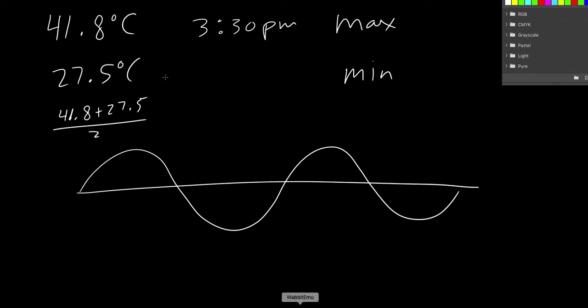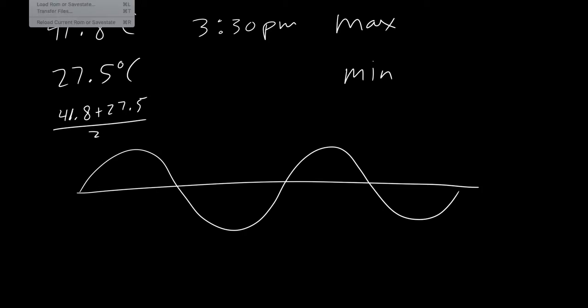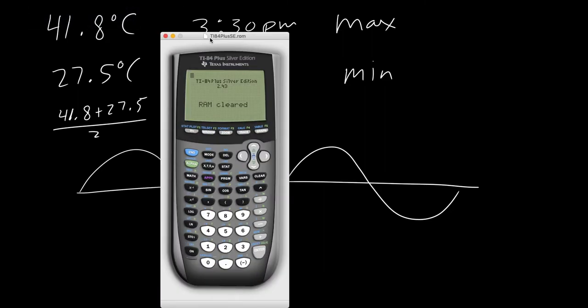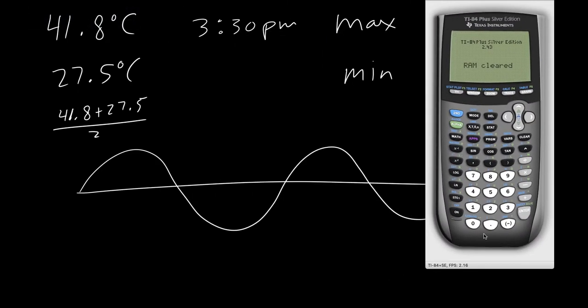For this one, I think I'm going to pull my calculator open. Okay, so 41.8 plus 27.5, then we divide those by 2. We get 34.65.